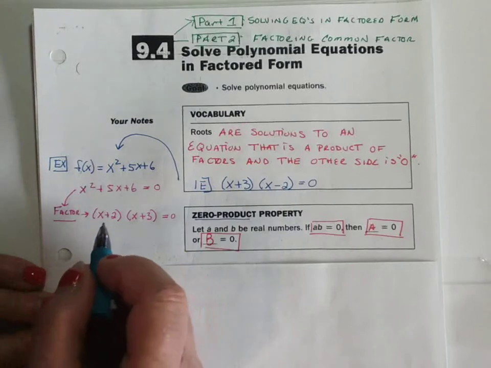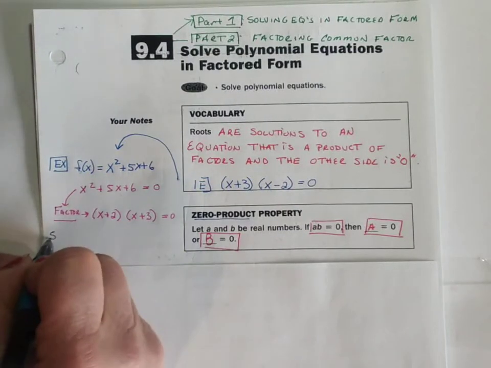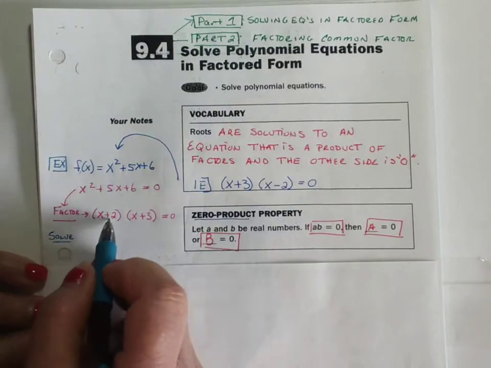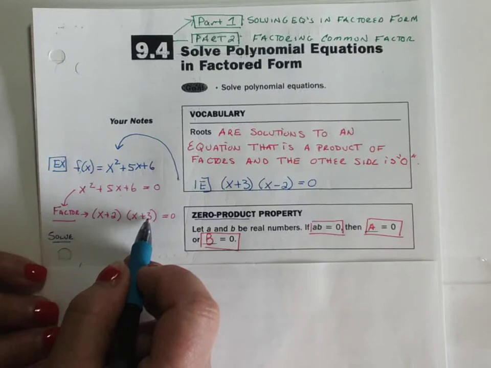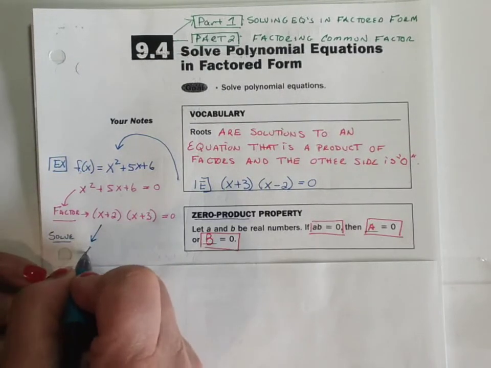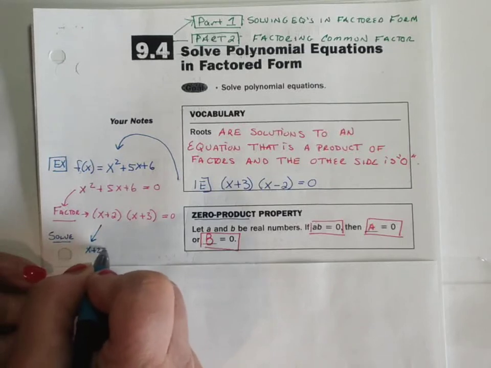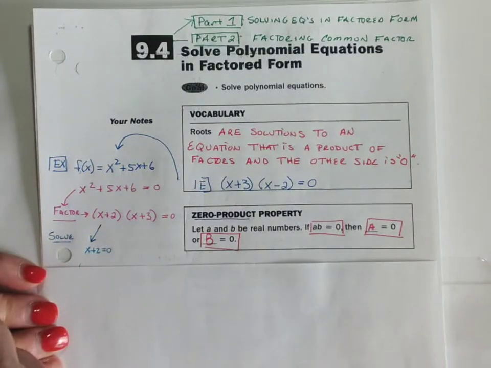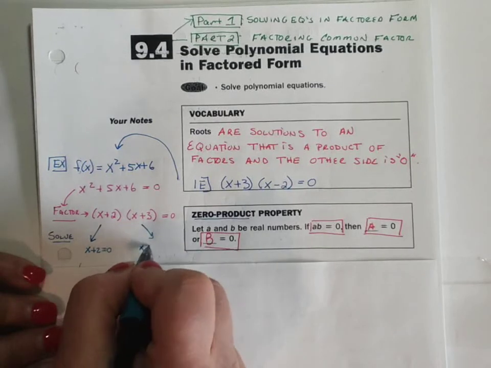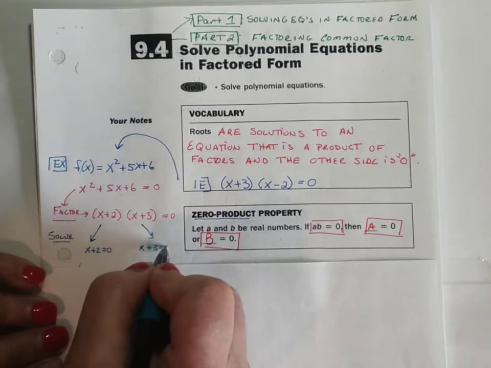So remember I told you that to solve, we're going to pretend that this is factor A and this is factor B. So we're going to take factor A, x plus 2 equals 0, and we're going to take factor B, x plus 3 equals 0.